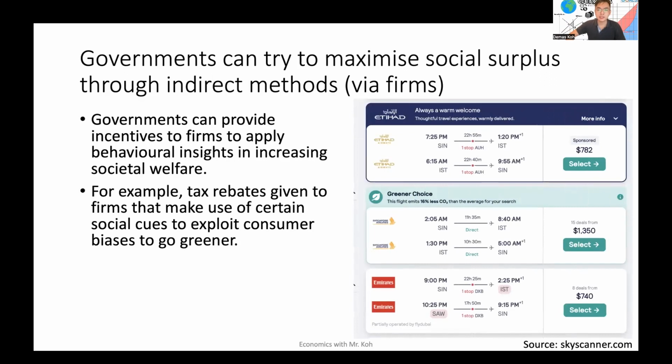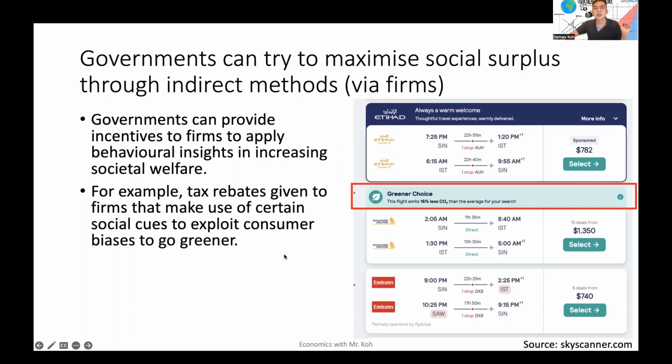So on skyscanner.com, which is a website to compare and contrast airline ticket prices, the governments or regulatory bodies might grant tax rebates to firms that make use of certain social cues to exploit consumer biases to go greener.